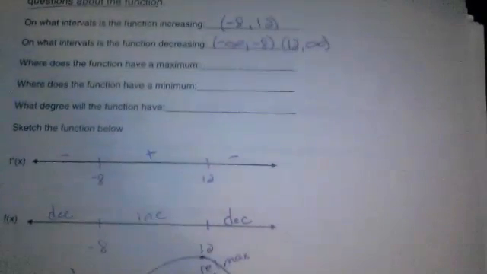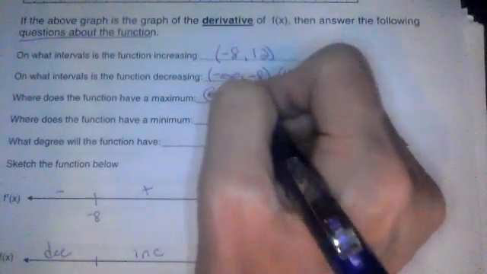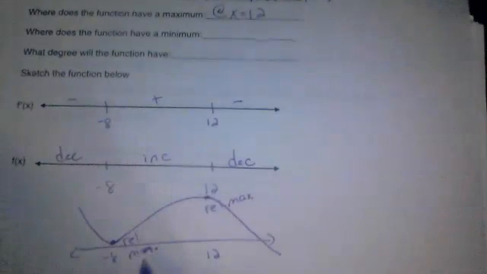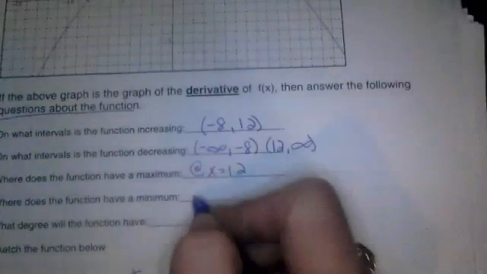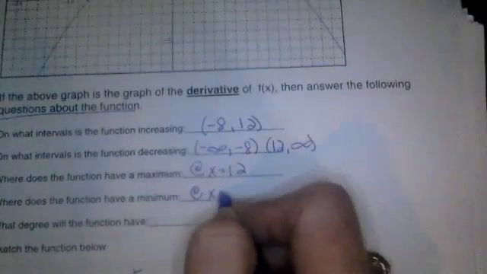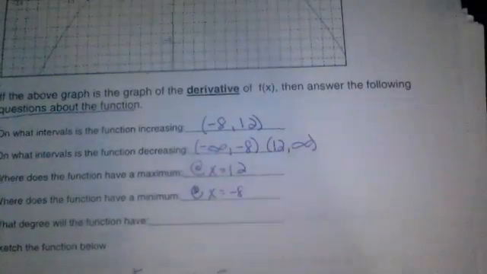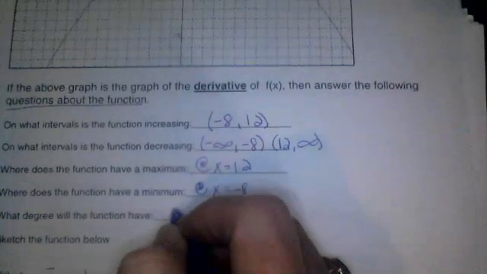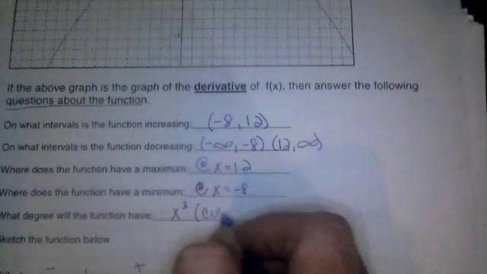Well, it's going to have a maximum where x is 12. And then that minimum is going to be at -8. And then what degree does the function have? Of course, that's x to the third. It's a cubic function graph.